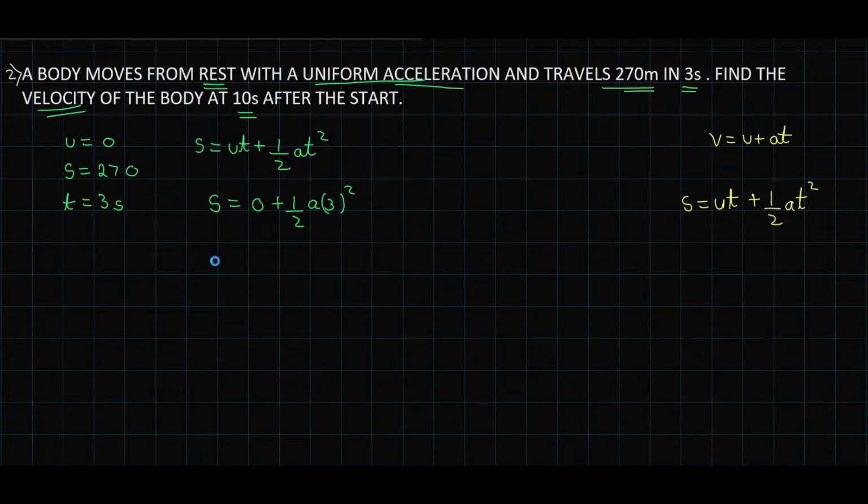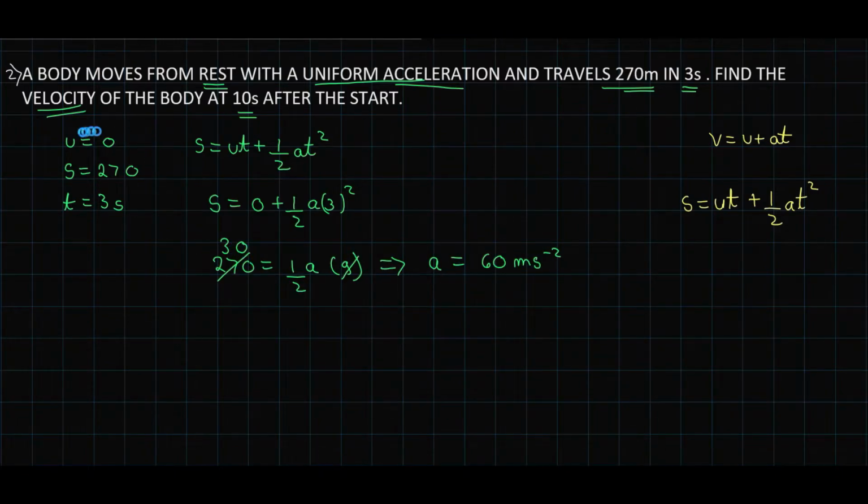S given to us is 270 meters equals half of A times 9. Okay, so we can cancel out 9 and 270 thirty times. So we are left with acceleration A equals 60 meters per second squared. This 2 is multiplied with the 30 here, so it gives us 60.